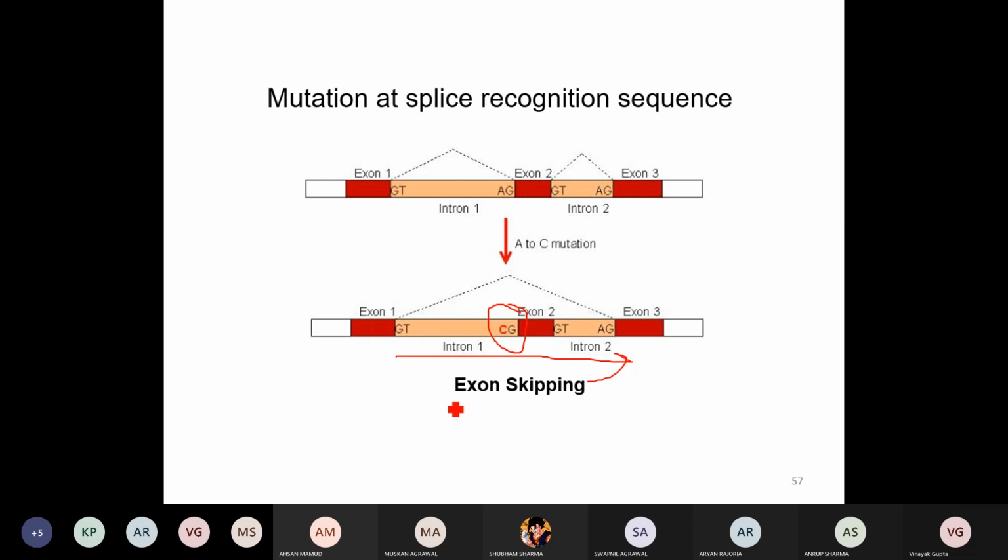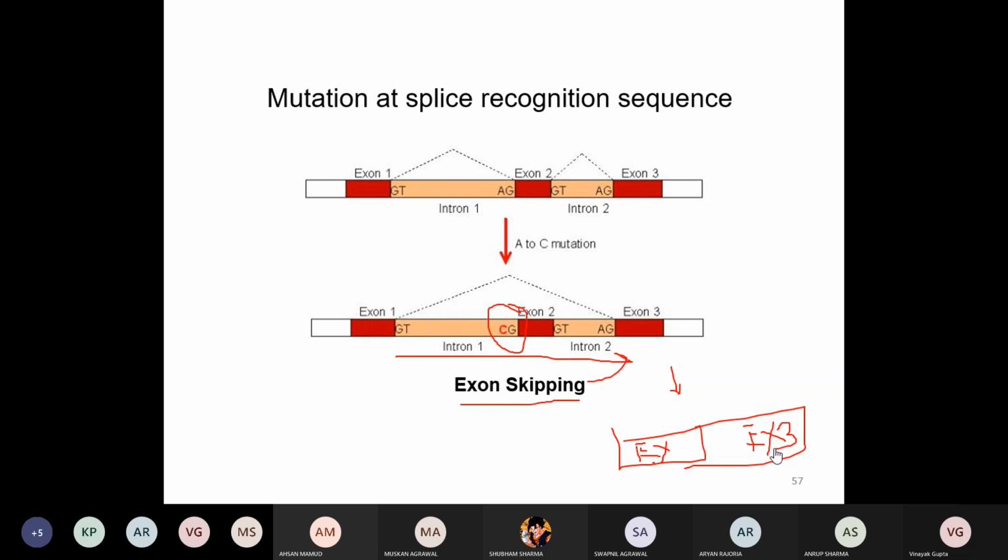So what is going to be the consequence? Exon skipping. So the entire exon will be missing. Finally, what will be the consequence? Exon 2 will not be here. Exon 1 and 3 are joined together. This is a very dangerous mutation, because exons are the coding part.